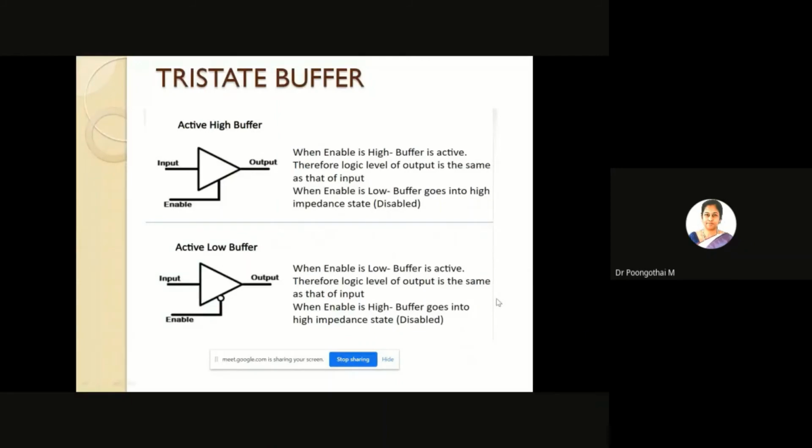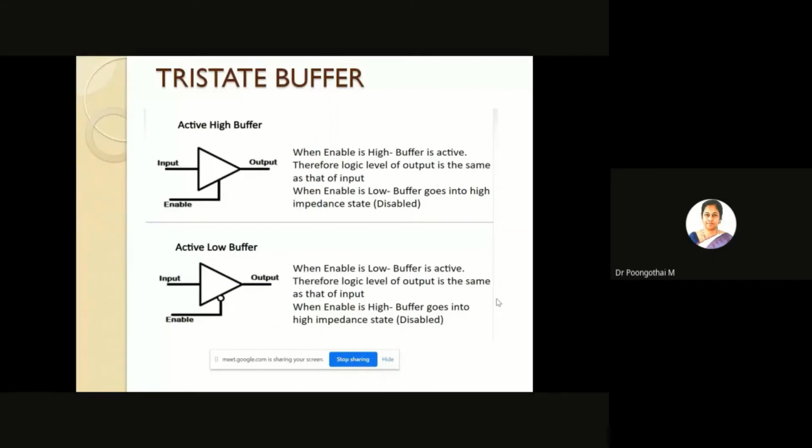So the next important thing is the tri-state buffer. Actually, tri-state logic is a very important concept in studying your microcontroller. All the devices used in a microprocessor or microcontroller system use tri-state logic. It consists of 3 states. In digital electronics, we have only 2 states, either on or off.